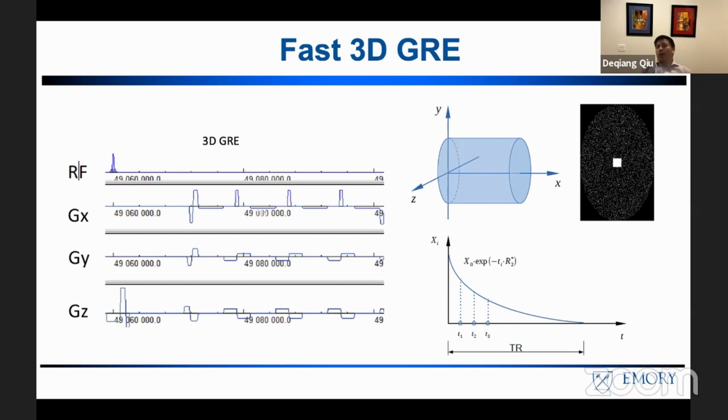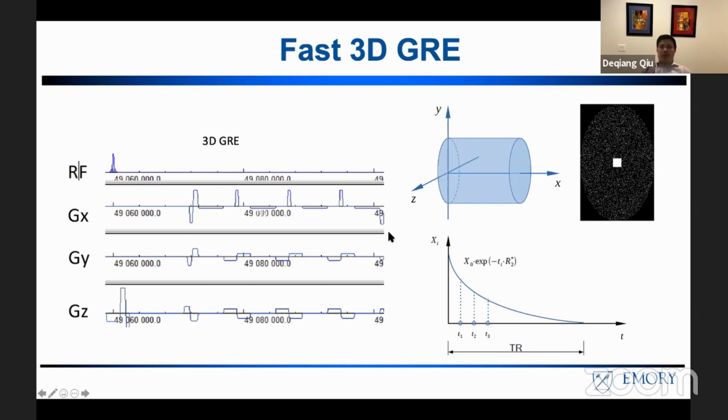So you want to push for higher resolution in order to detect small lesions. And one way to do it obviously is to undersample in the K-space in the 3D GRE acquisition.